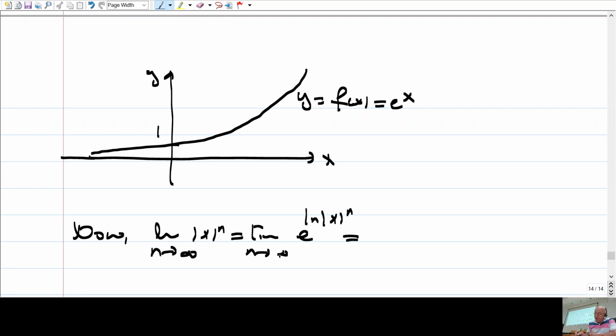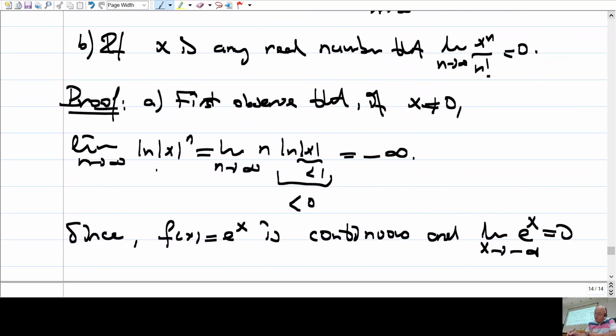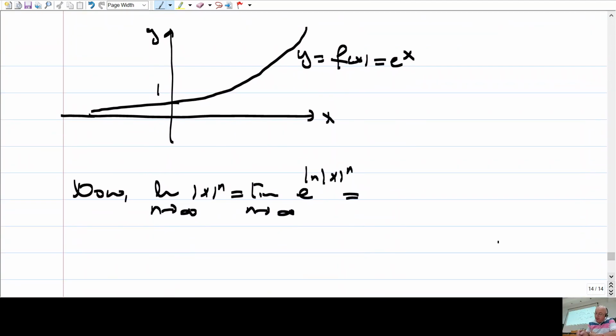But as n goes to infinity, we showed that this thing goes to minus infinity. Therefore, as n goes to infinity, this gadget goes to minus infinity.